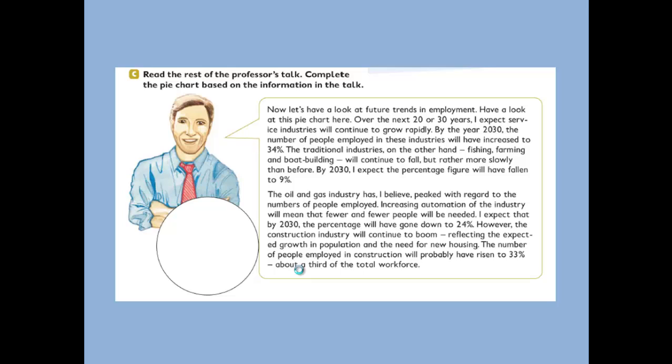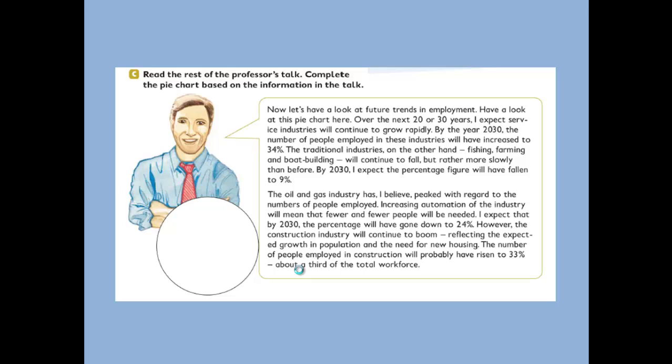However, the construction industry will continue to boom, reflecting the expected growth in population and the need for new housing. The number of people employed in construction will probably have risen to 33%, about a third of the total workforce.